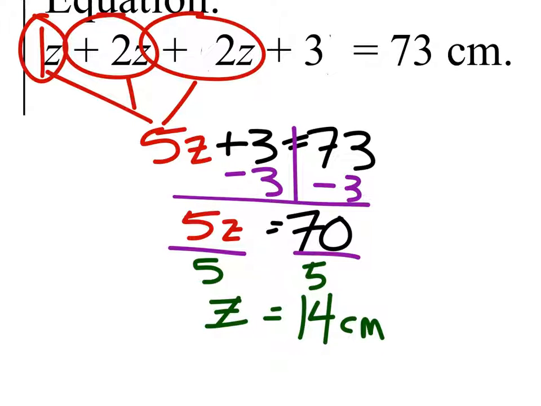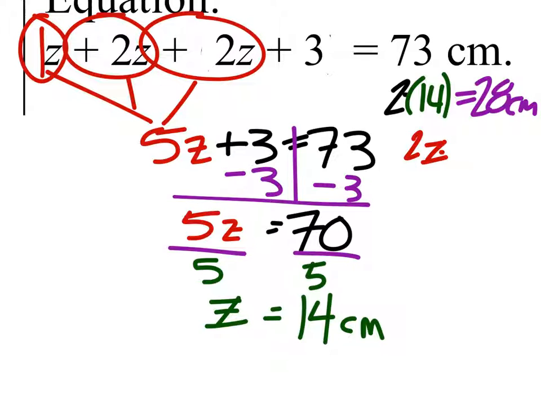Well, that's the length of that side. Let's look at the length of the other side, which was 2z. And right there we can see that z is 14 centimeters. So I'll replace z with 14. And when I solve these, 2 times 14, bam, 28 centimeters. Then we have the other side, which is 2z plus a 3.